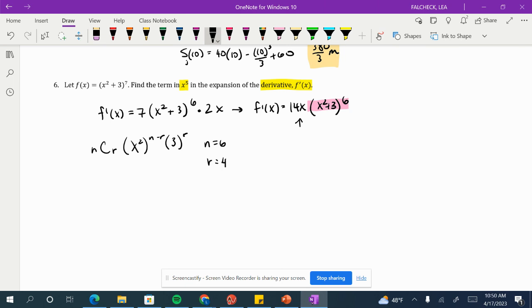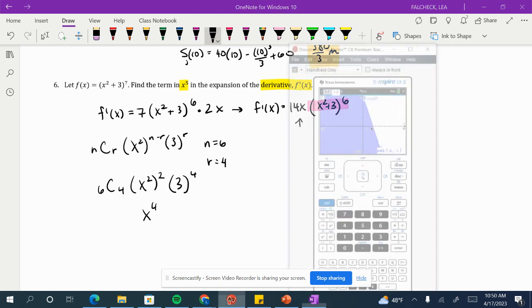Substituting, we have 6 choose 4, x squared to the n minus r, which is 6 minus 4, which is 2, and then 3 to the 4th. That gives x to the 4th. 3 to the 4th times 6 choose 4 is going in our calculator.